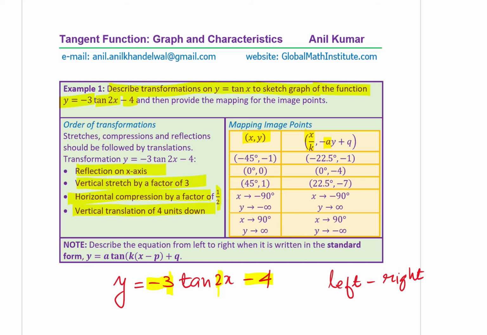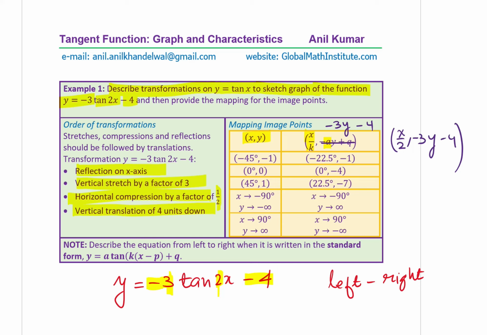So in this case, let me write specifically, the formula will be, because k is 2, x divided by 2, and minus 3y minus 4. So that becomes the value.